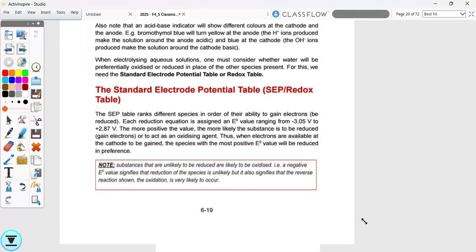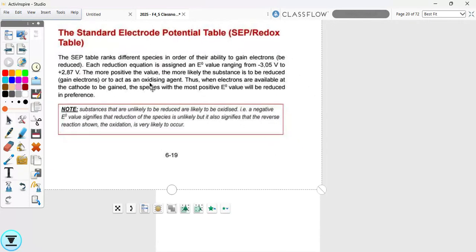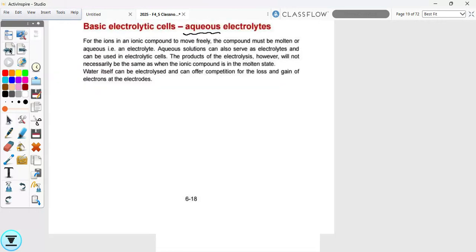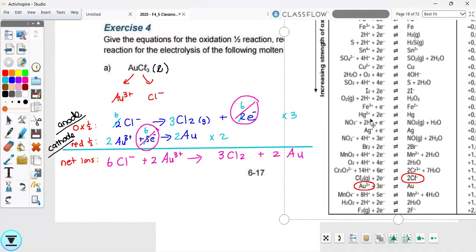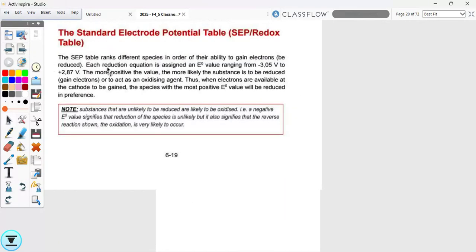So now, when we look at the table, we haven't actually spoken about those voltages yet. Those voltages that you see in the table are called the electrode potential.